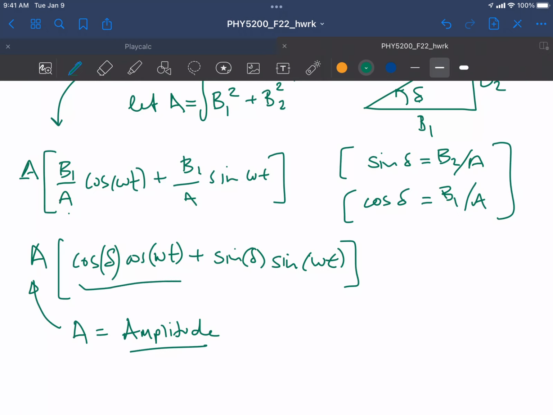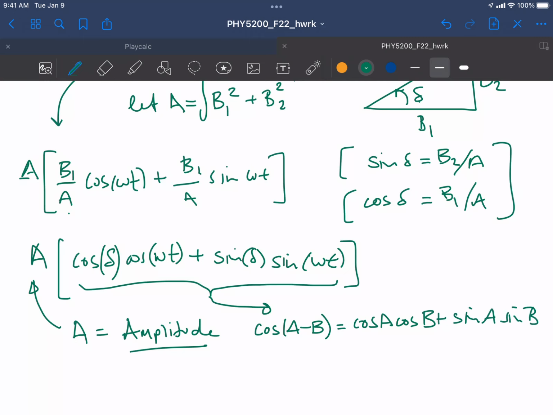And the next thing we recognize is that we can use a trigonometric identity: the cosine of the difference between two angles, A and B, is cosine of A cosine of B plus sine of A sine of B. That's just a trig identity that you need to know.